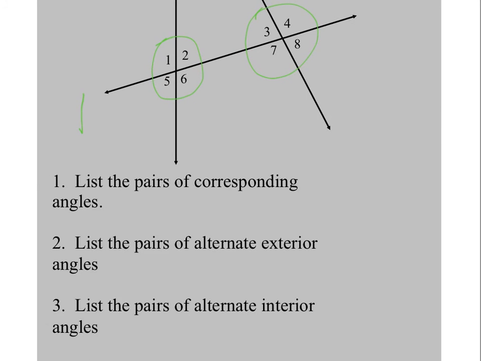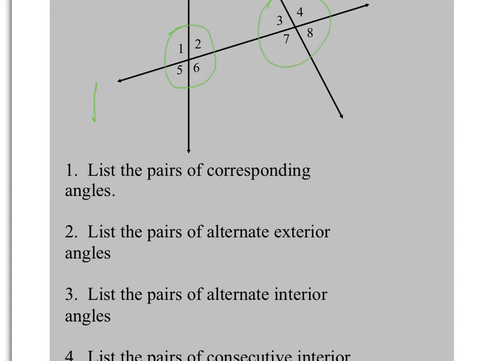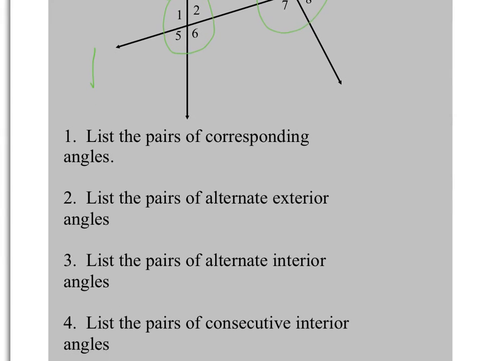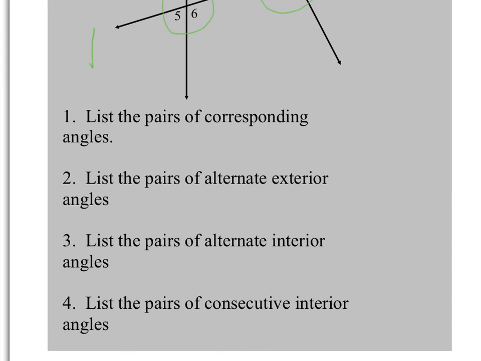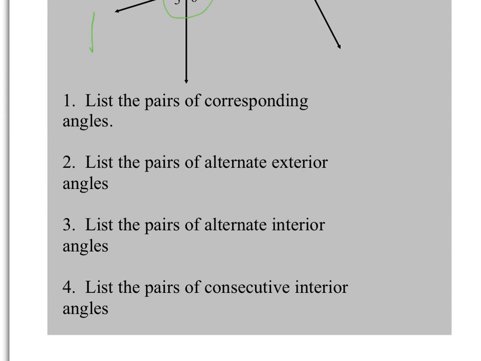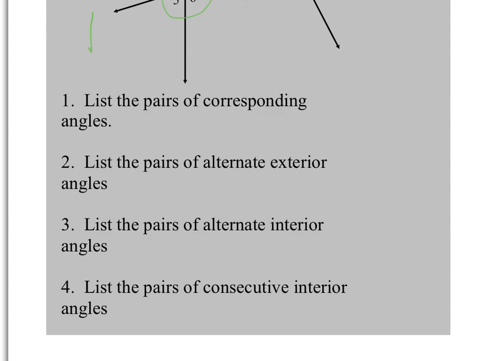There's 4 pairs. List the pairs of alternate exterior angles, list the pairs of alternate interior angles, and list the pairs of consecutive interior angles. And just to give you a hint, there's 4 pairs here, but there's only 2 pairs of 2, 3, and 4. So good luck. Hopefully you come up with the right answer, and we'll check back here in just a minute.